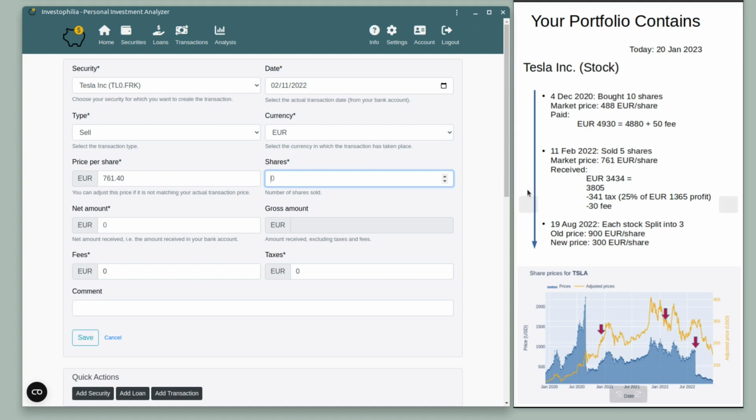They should not be exactly the same because the price changes per day, and the prices that Investophilia takes is the close prices of that day. So it is the last price of the day. But you may have bought it in the beginning of the day or in the middle of the day.